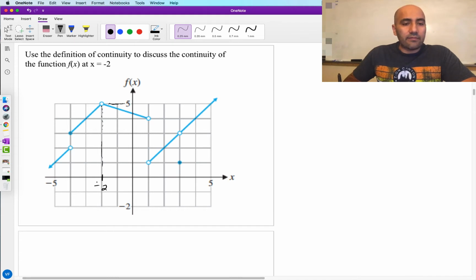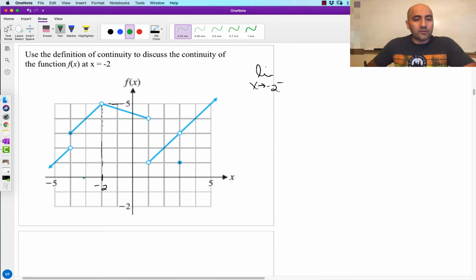The left-hand limit, right, so the limit as x approaches -2, but definitely from the left-hand side. That means I'm choosing values that are to the left of -2, or always less than -2. So maybe this value here, which would trace to a point there. And then I want to get a little closer and a little closer and a little closer, right?